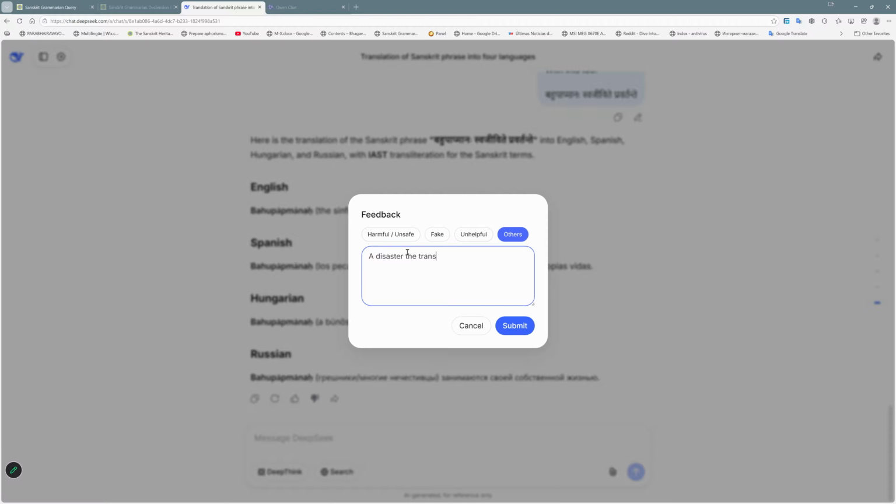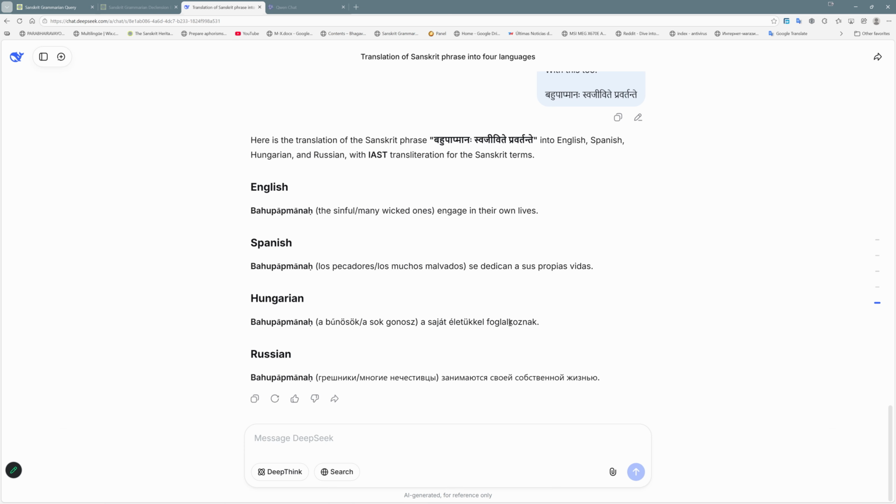The translation is disastrous. This is my feedback to DeepSeek. No, guy. No, I will tell DeepSeek. Better. No, DeepSeek, I had to. That's why we cannot trust DeepSeek to translate Sanskrit. You understand? So I will tell DeepSeek, no, many calamities happen.